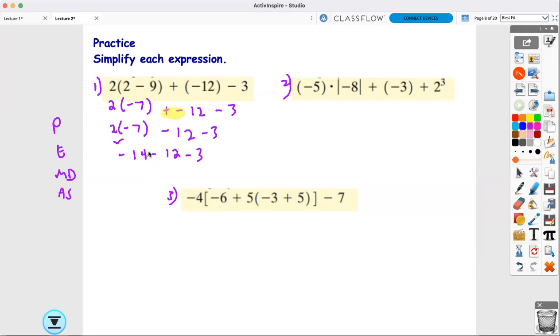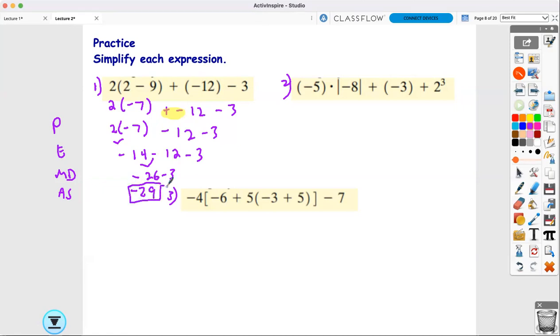So if we owe 14 and we spend 12, we now owe them how much? Well, we add them up, because we spent them back to back. What do we owe the bank now after these two? Negative 26. But we spent another $3, which makes it -29. And we're done.